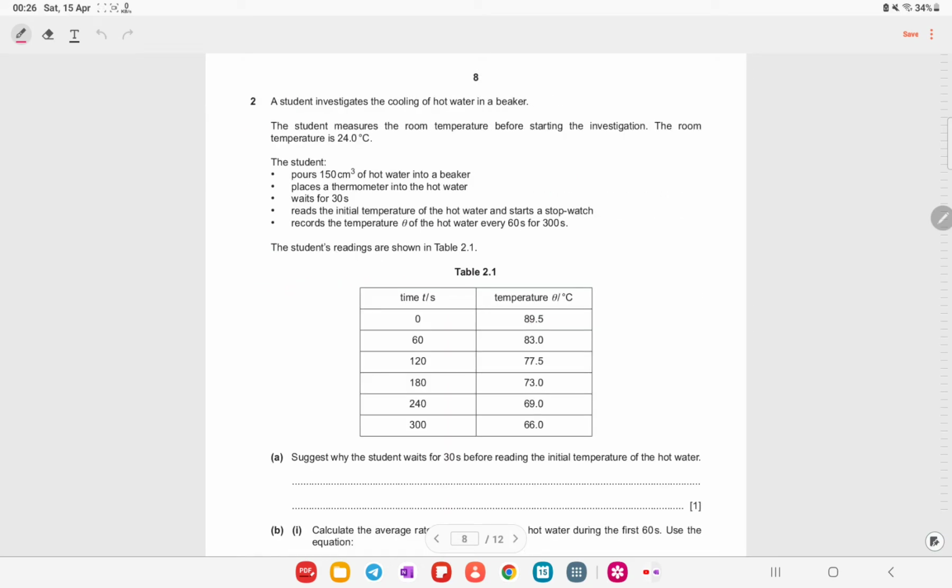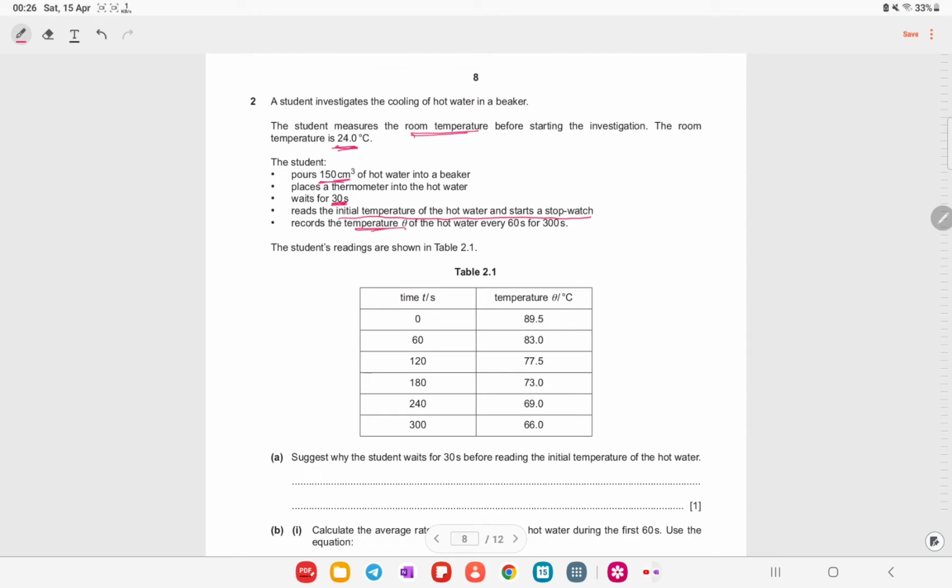A student investigates the cooling of hot water in a beaker. The student measures the room temperature before starting the investigation. The room temperature is 24 degrees Celsius. The student pours 150 centimeter cube of hot water into the beaker, places a thermometer in the hot water, waits for 30 seconds, reads the initial reading of the hot water, and starts the stopwatch.